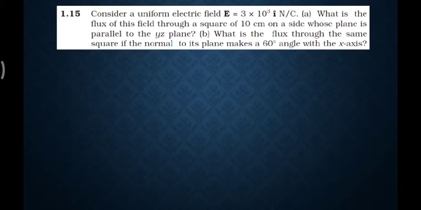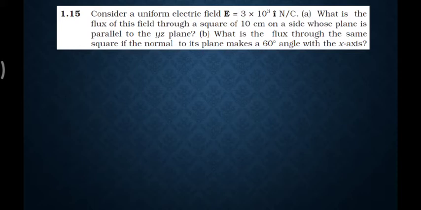Now you have to imagine where the yz plane is, and the square is parallel to it. So it is perpendicular to the x axis, and your electric field is present along the x axis. The square plate is present perpendicular to the x axis, so our electric field can pass through it. Is it a valid condition? You can do the further calculations.